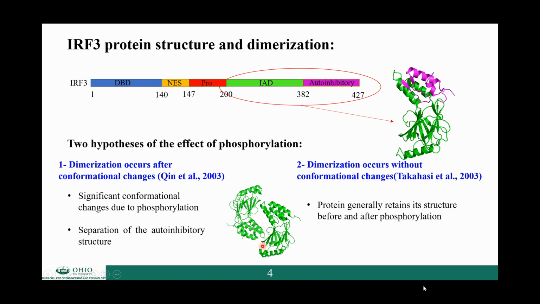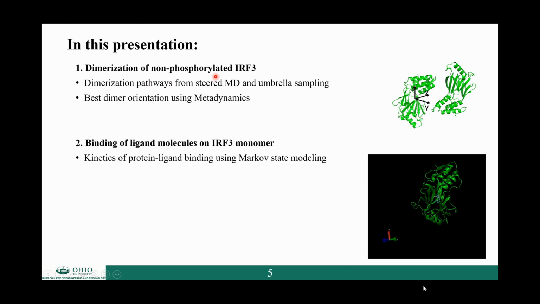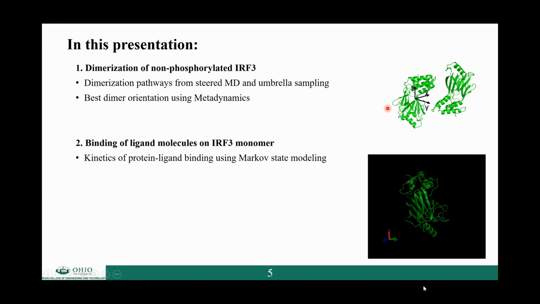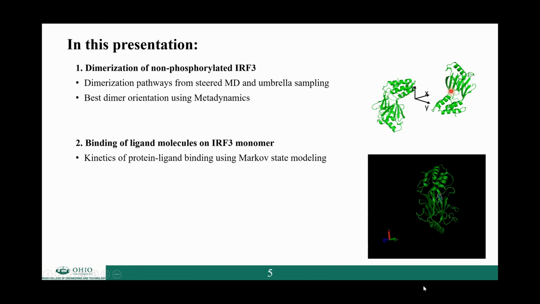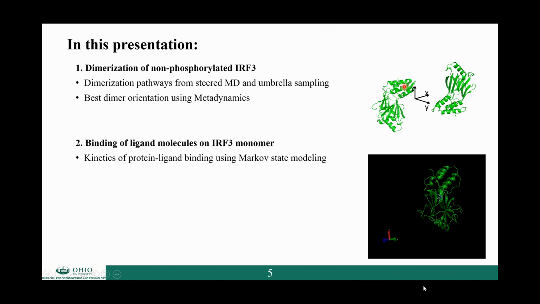What we wanted to see is whether the IRF3 protein has a tendency to dimerize in a non-phosphorylated state or not. To do so, we looked at the dimerization free energy of non-phosphorylated IRF3 with respect to the reaction coordinate, the distance between the centers of mass of the two chains of the protein, as you can see in this animation.